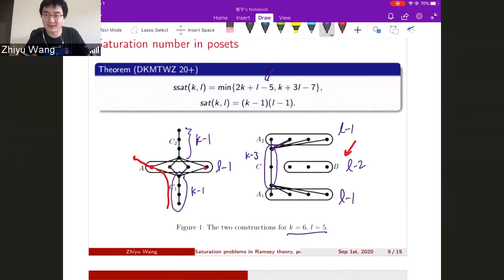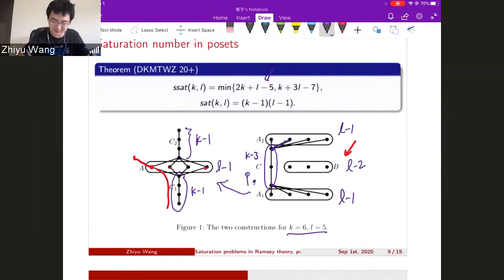Okay, and then it's a little bit harder to see why this is saturated, but basically, if we put a vertex in between, you can put a vertex here, P. It cannot be incomparable to every element in A2, and it cannot be incomparable to all the elements in A1.